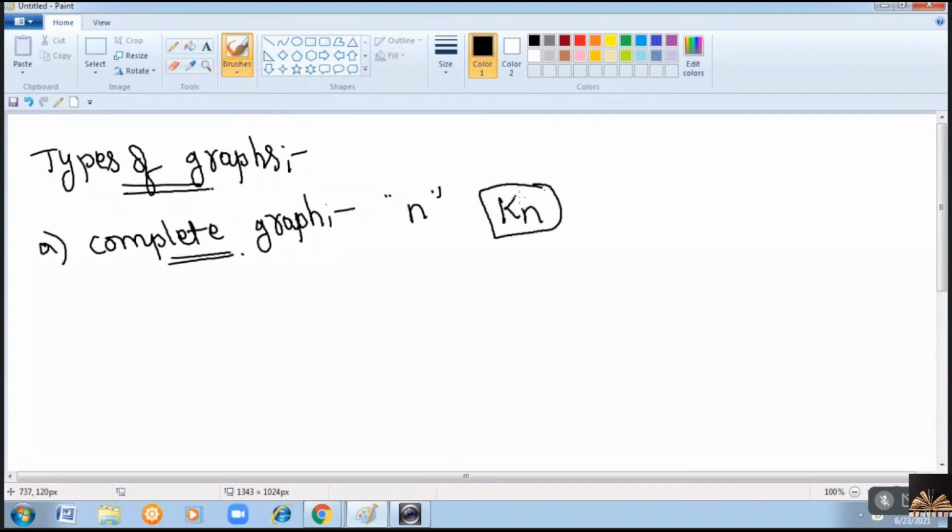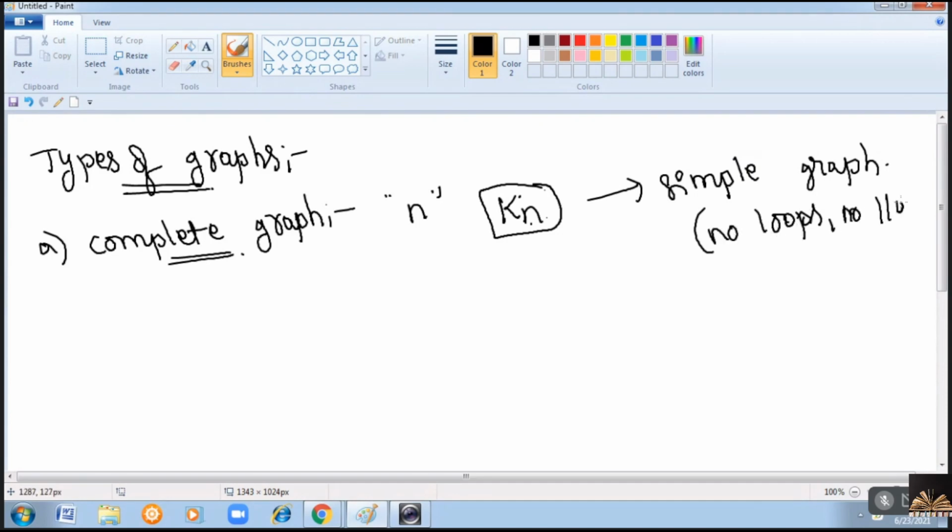K represents a complete graph and n represents the number of vertices. So the complete graph with n vertices is denoted as Kn, which means this complete graph is a simple graph, which means that in a complete graph we don't have any loops and no parallel edges.